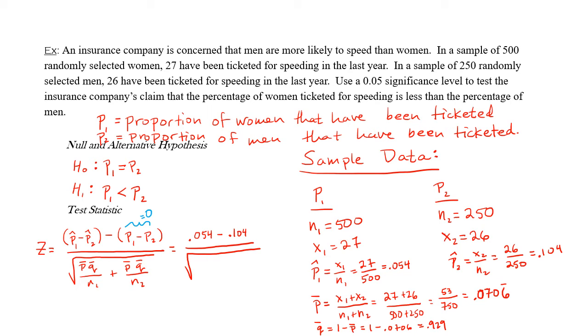So then down below we've got P bar, 0.0706, Q bar, 0.929 over N1, which was 500, plus 0.0706 times 0.929 over 250.